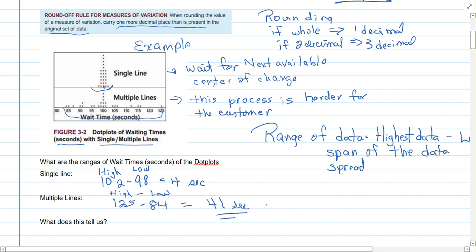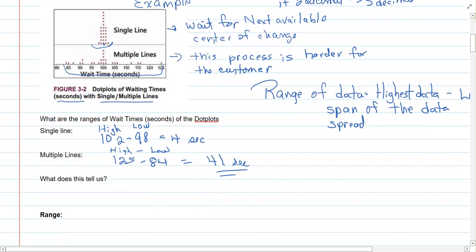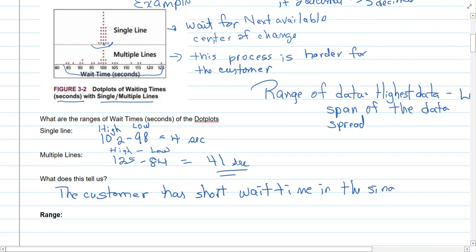So here, the range, and so what does it tell us? The customer has shorter wait times in the single line than the multi-line.